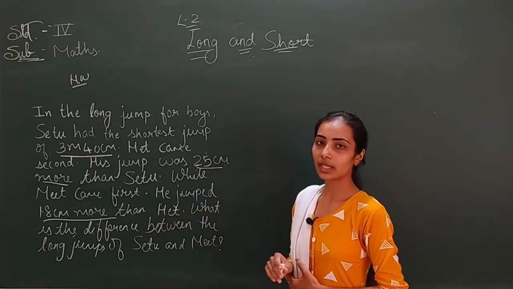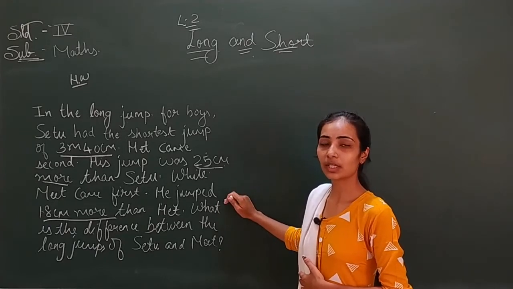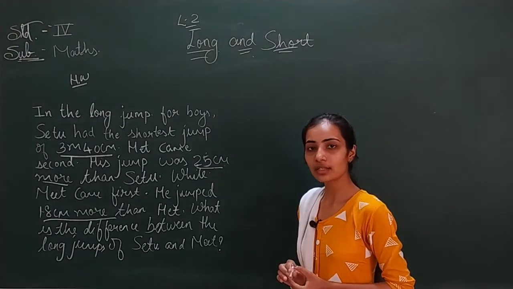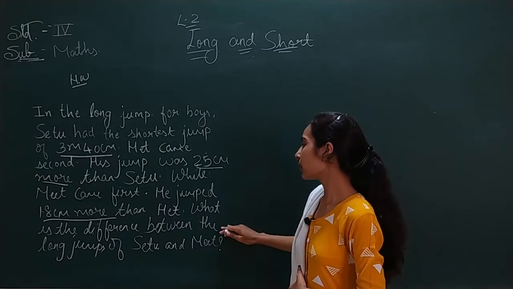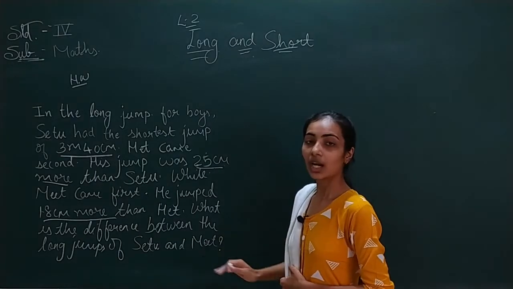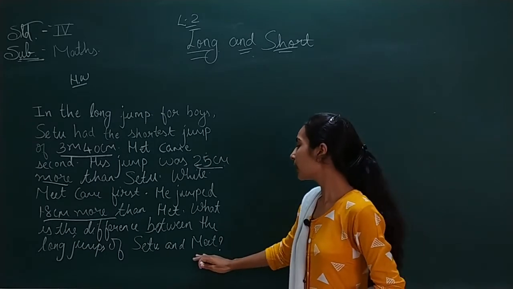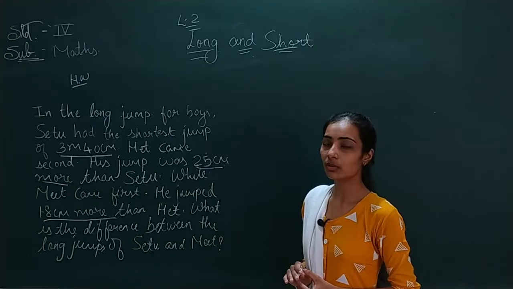Now after finding Heath's jump, you can also find the jump of Meet, because Meet is jumping 18 centimeter more than Heath. So you will do addition of 18 centimeter in Heath's jump. And last is, what is the difference between the long jump of Setu and Meet? After finding the jump of Meet, you will find the difference of Meet's jump and Setu's jump. Difference means you will do subtraction.